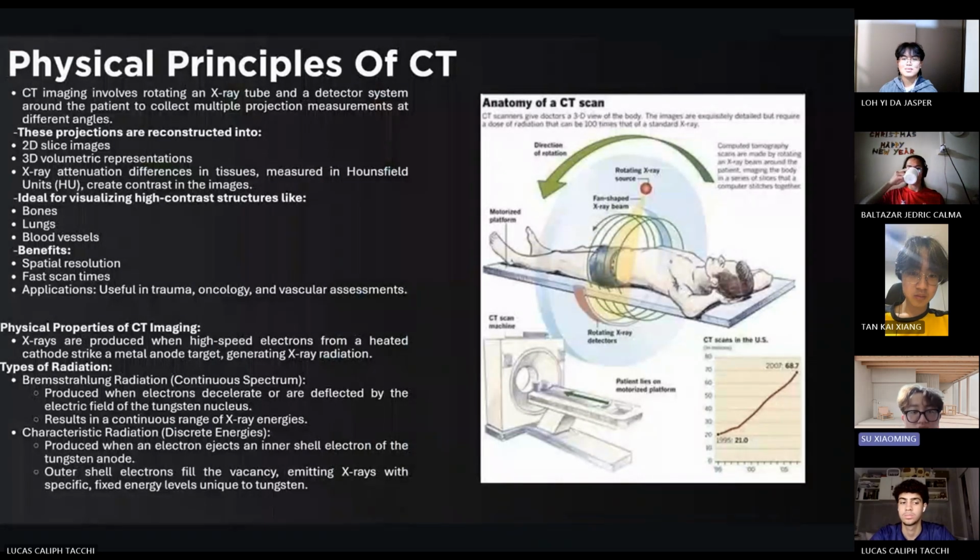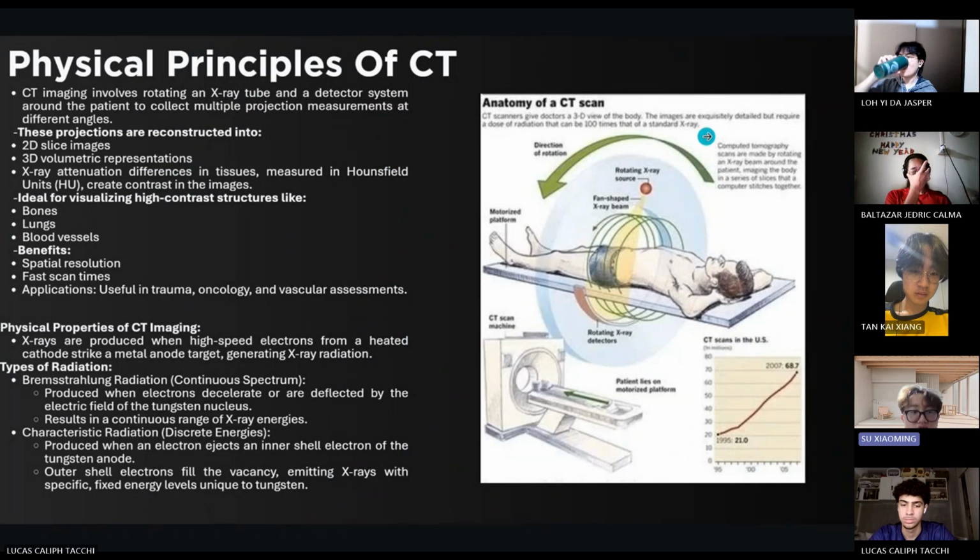Two types of radiation are generated: Bremsstrahlung radiation, which produces a continuous energy spectrum, and characteristic radiation, which produces discrete energies unique to tungsten. During scanning, the X-ray tube and detectors rotate around the patient, collecting projections from multiple angles. These data represent X-ray attenuation through tissues and are reconstructed into cross-sectional images.